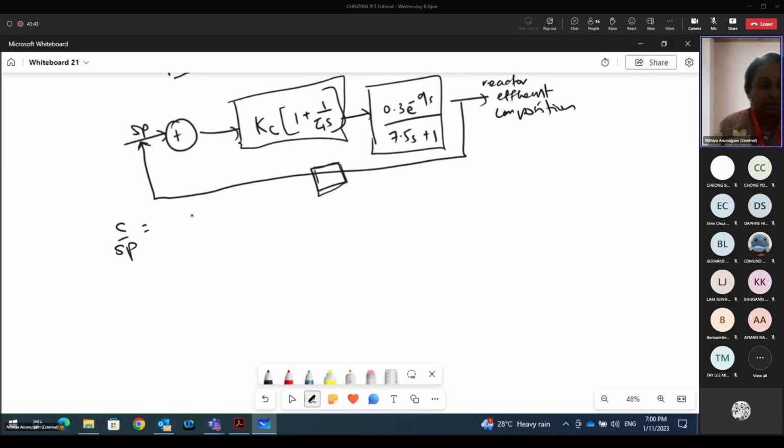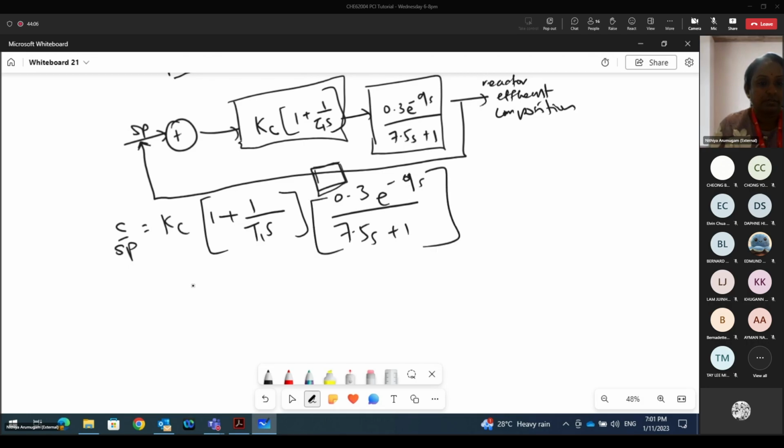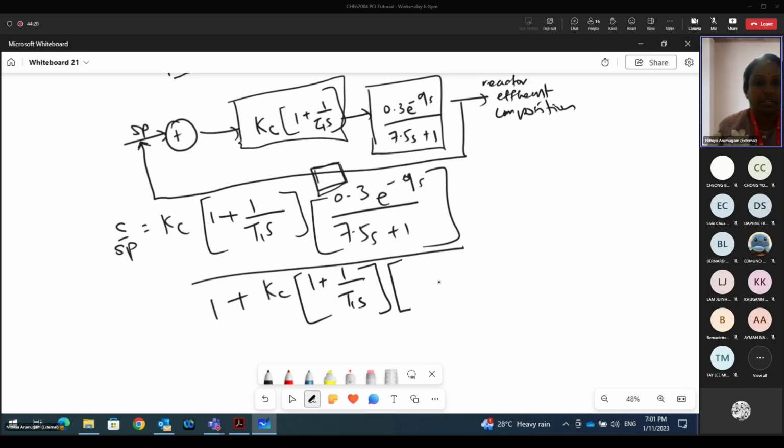So C over SP equals KC, 1 plus 1 over T1S, 0.3 e negative 9S over 7.5S plus 1, over 1 plus the PI, which is KC, 1 plus 1 over T1S, times the FODT.